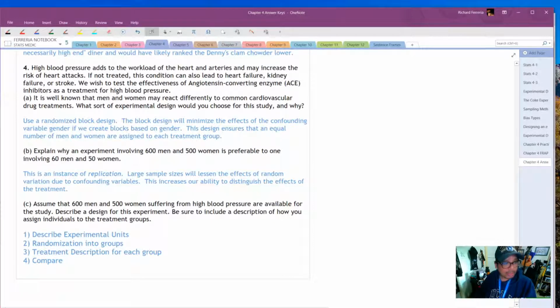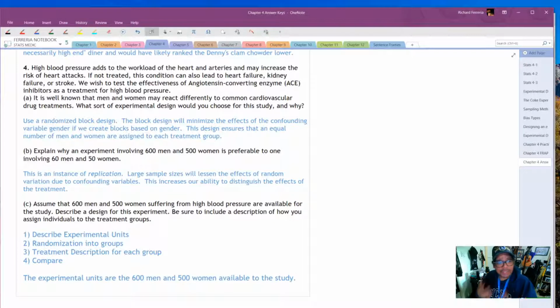So let's see. Who are our experimental units? And it's just the 600 men and 500 women that are available for the study. Now, this is an experiment with people, so we're going to call them subjects. Got to humanize them a little bit here. And remember that when you do this, you're not meant to expand beyond this.